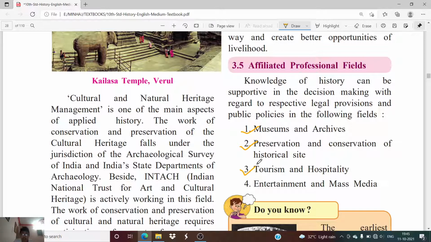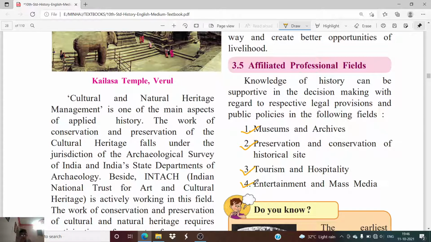Then entertainment and mass media. These are also equally important, considering the spread of history. You will see that lots of movies are being made on historical events, and definitely all these movies are going to provide us the knowledge about history or about past events. For example, Tanaji.